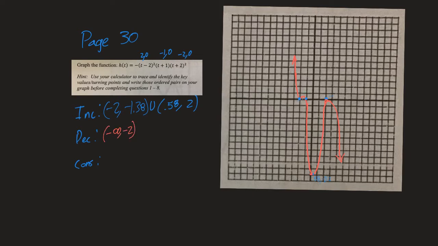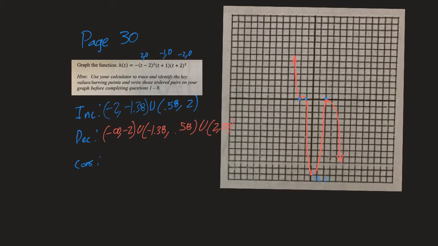Then from negative 1.38 until that 0.58, we are decreasing. And finally, from that 0 marker, from 2 until infinity, we're also decreasing, right? So we've got 3 regions that are decreasing and 2 regions that are increasing.